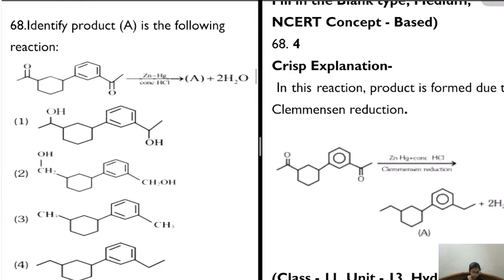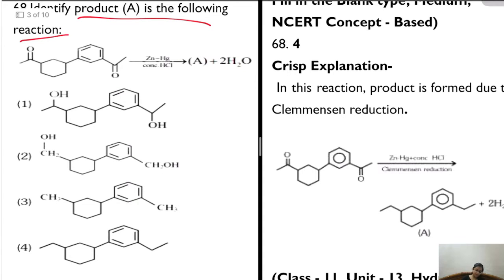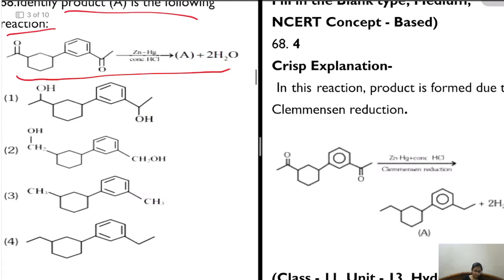Identify the following product. This is a reaction given to us. And what are the reagents? It is Zn-Hg in concentrated HCl. This is a very famous reaction. Which is this reaction? You all should know by now. This is Clemmensen reduction, right? So, what happens in Clemmensen reduction?